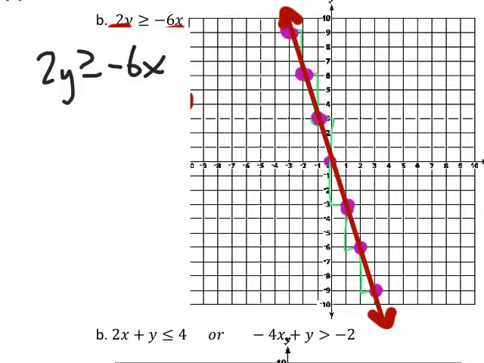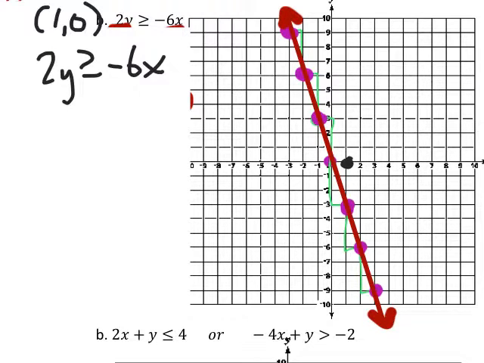And the point that I'm going to choose here is (1, 0). If I find that the inequality is correct, then I'll shade the side of the line that that (1, 0) is on. If it's not correct, I'll shade the other side, just like we did in the last one.